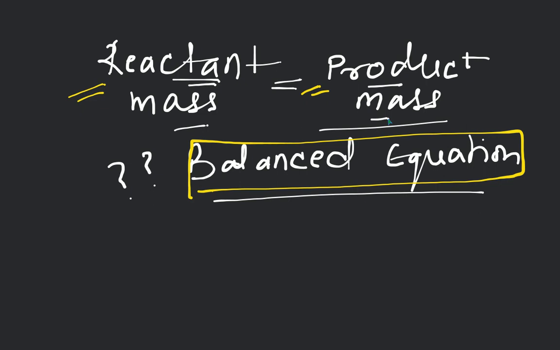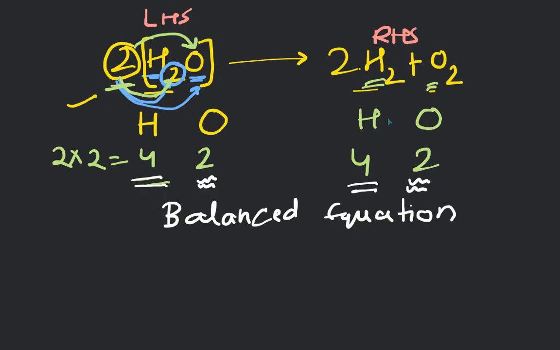You have to see whether the number of elements present on the left hand side is equal to the number of elements on the right hand side. If it is, then it is a balanced equation and the mass of the reactant is equal to the mass of the product. And if it is not, then you have to count the number of elements on the left hand side and the right hand side, and whichever side has more elements, that side's mass will be more, either the reactant mass or the product mass.